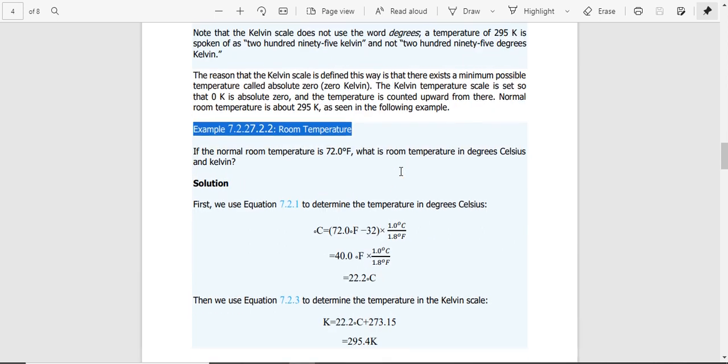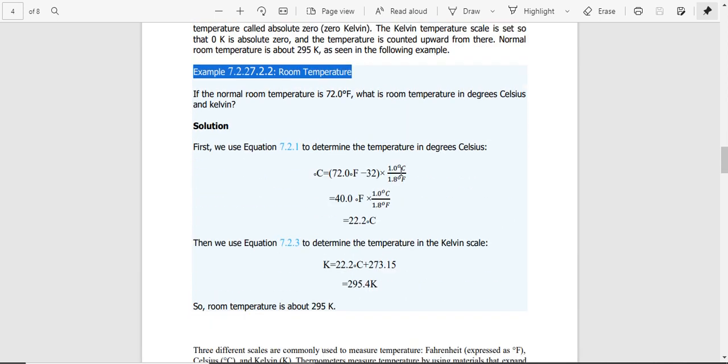Okay, so you have your examples for your Kelvin. For example, if you're given 72.0 degrees Fahrenheit, convert it to degrees Celsius and degrees Kelvin. So, from 72 degrees Fahrenheit minus 32, that would be 40 degrees Fahrenheit.